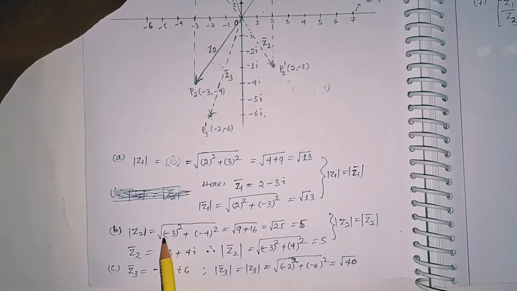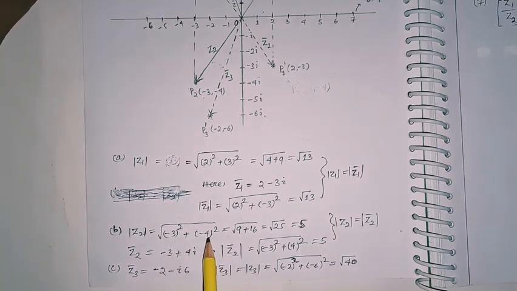-3 is the real part of that complex number, -4 is the imaginary part. So the square root of -3 square plus -4 square, we get 5. And if we consider its corresponding complex conjugate, Z2 bar, that is -3 plus 4i, then the modulus of Z2 bar will also be the same, 5.